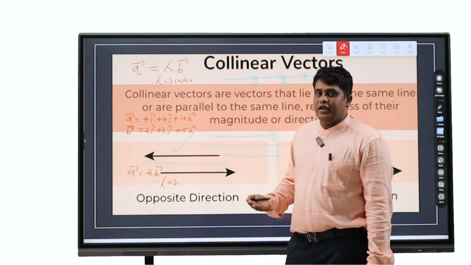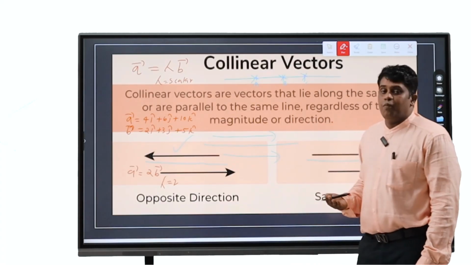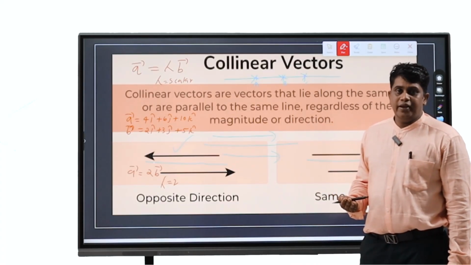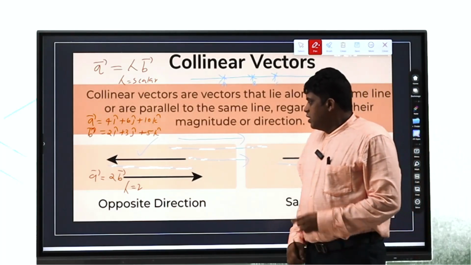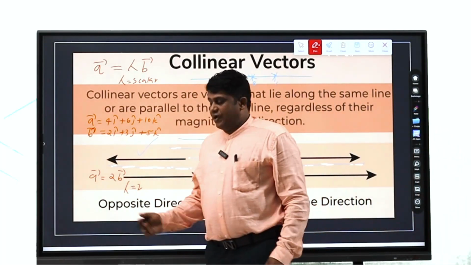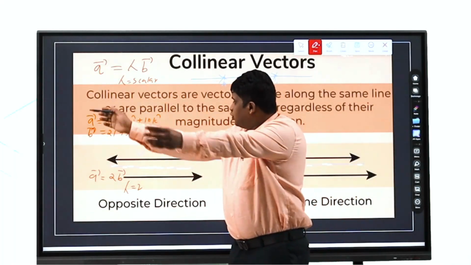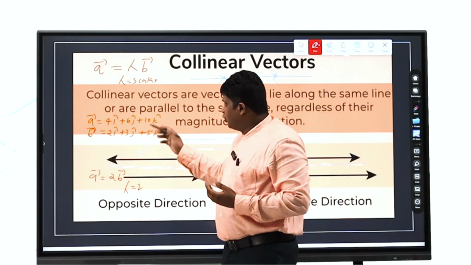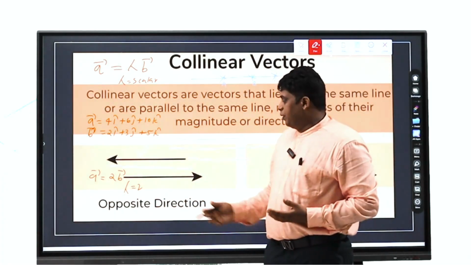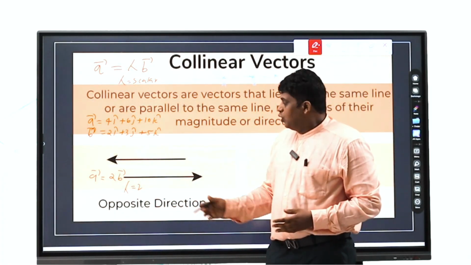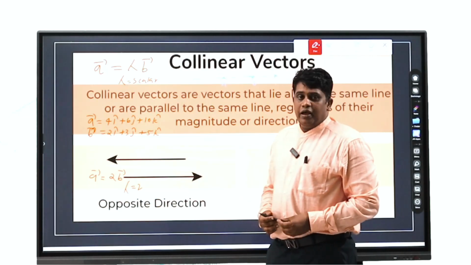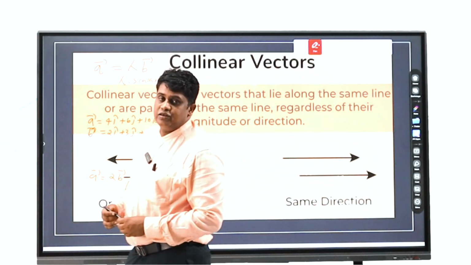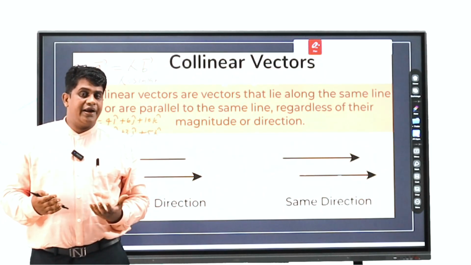If A and B are collinear vectors, then their scalar components are in ratio. Then A equals 2B vector. Lambda is equal to 2. If two vectors are collinear, their scalar components are in ratio.